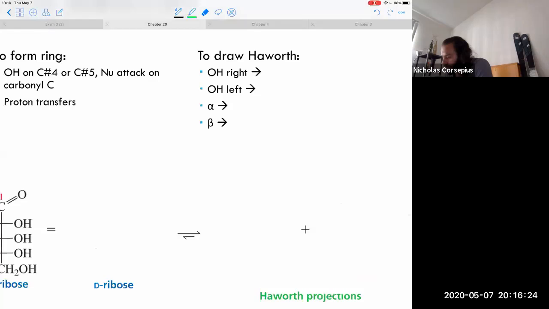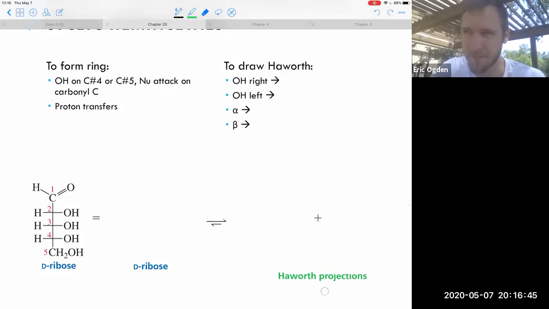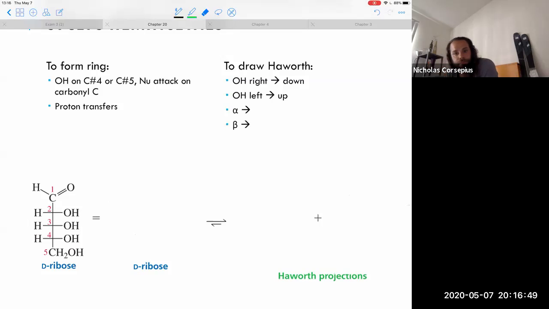All right, so first of all, we'll build our cheat sheet. We're going to do the same thing, but for ribose. We're going to build a little cheat sheet here. First of all, when we're drawing the OH group, if the OH is on the right, is that up or down? Down. And if it's on the left, that means it's going to be up.